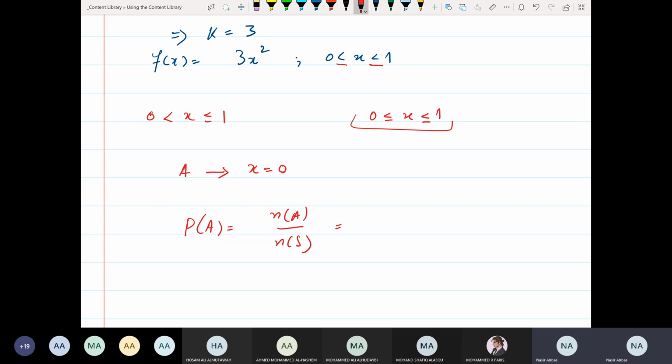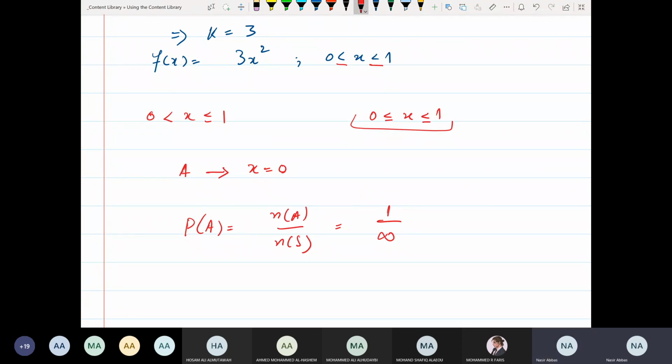Now, in your sample space, there is one sample point that belongs to event A, that is x equals 0. And how many sample points are there in your sample space? There are infinitely many of them. So n of A is the number of sample points that belong to A, and n of S is the total number of sample points in your space.